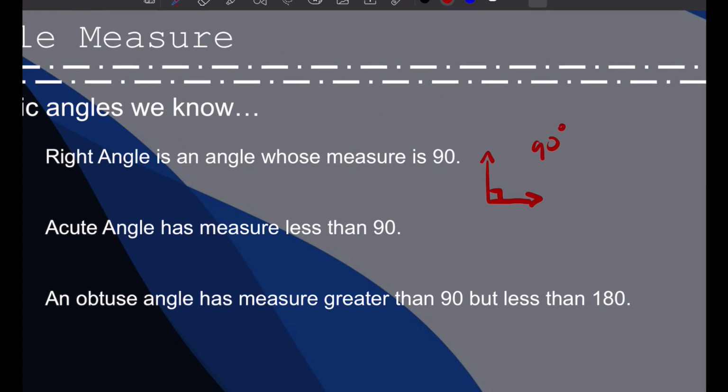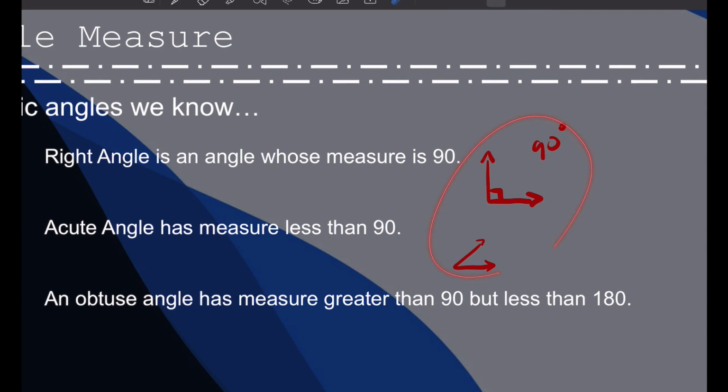And an acute angle has a measure less than 90 degrees. Well, I take this, and I'm going to shrink the angle a little bit, and it's going to look something like that. And lastly, we have an obtuse angle that has a measure greater than 90 but less than 180. So it's going to be bigger than these two, but less than 180.